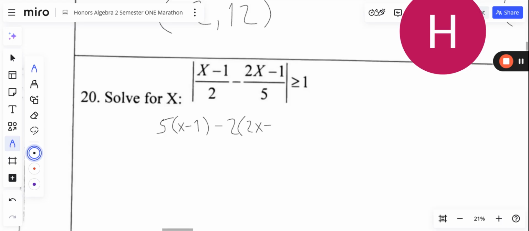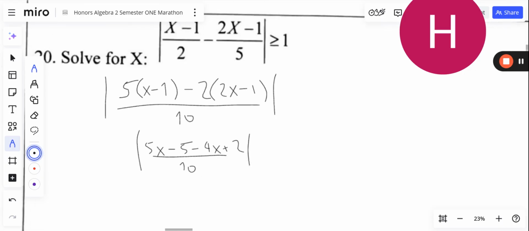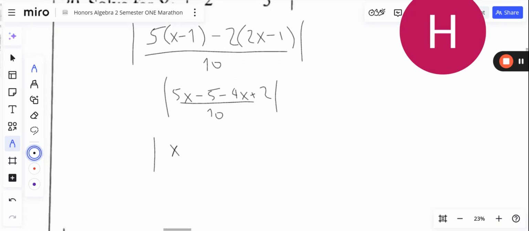And now this will all be over 2 times 5, or 10. And so this would be 5x minus 5 minus 4x plus 2 over 10. And this is much easier to work with now because this simply is x minus 3 over 10.